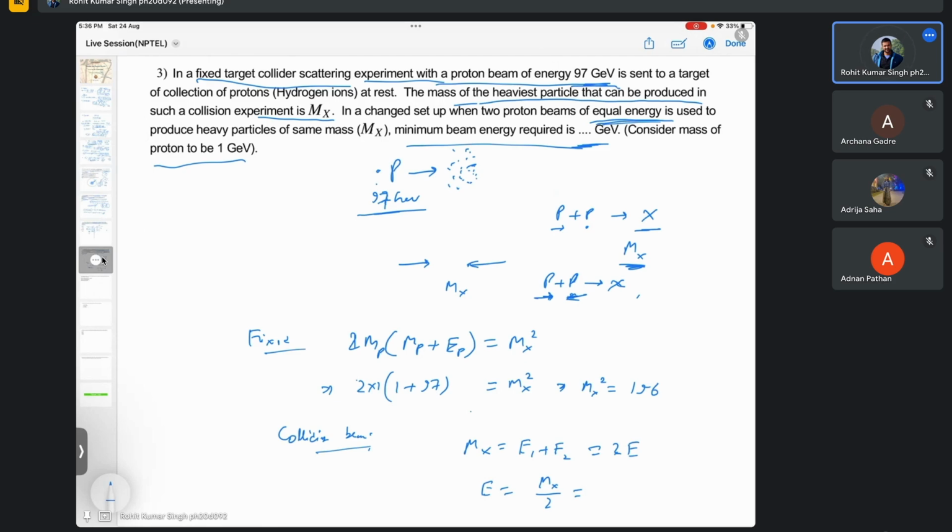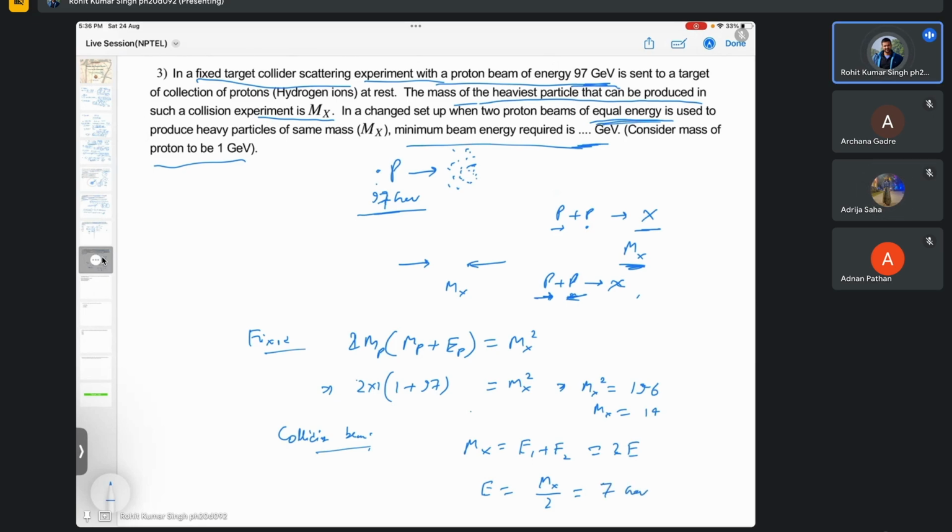Oh, this is 196, so mx will be what? 14, right? 14 square is 196. Yes, of course. So then this will be 7 GeV.